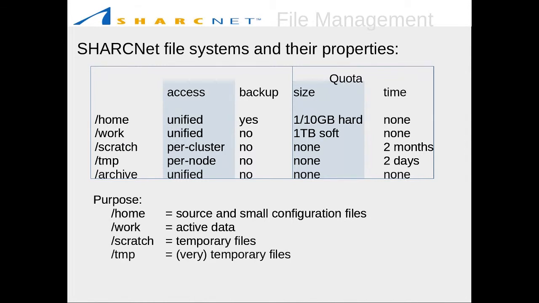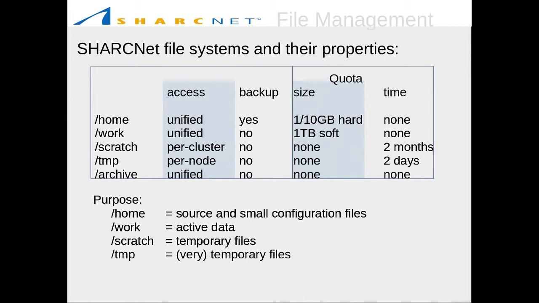Of course, temp is for very temporary files. These are really files that you will not actually look at outside of the compute. So these are files that are being generated and read by the actual procedures that are running as jobs, but it isn't a good place for outputting files, as you can't depend on it to be there after you're done, and you'd have to go find it on the specific nodes where the compute happened.